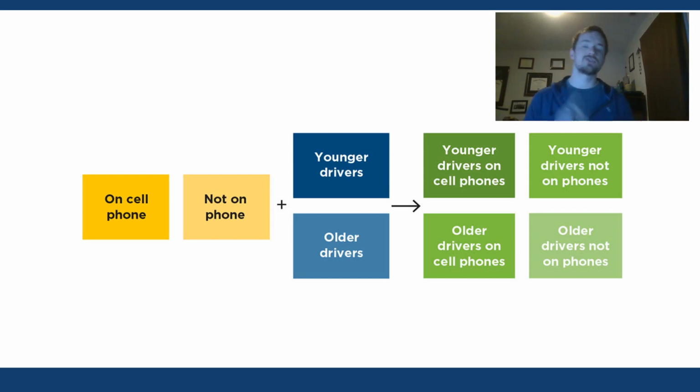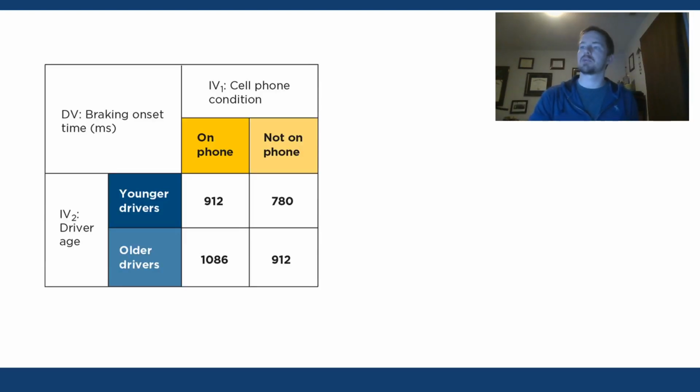That would be a 2x3 factorial design because we have 2 versions of one independent variable and then 3 versions of another. But we'll get to that later. So for now, we're looking at this 2x2 factorial design, and you can see the 4 different kinds of circumstances that come out of using these 2 independent variables.